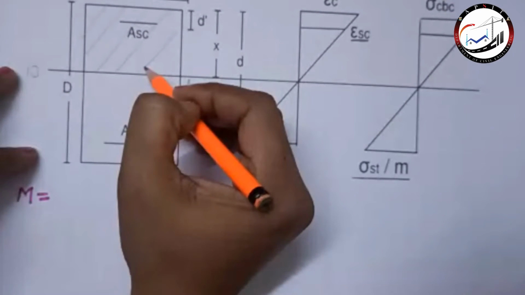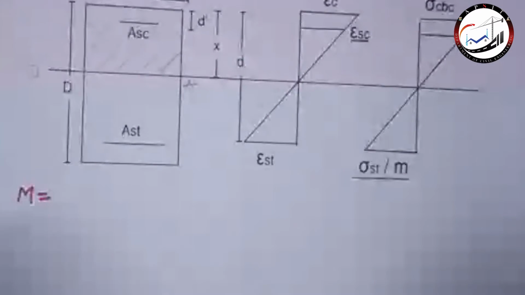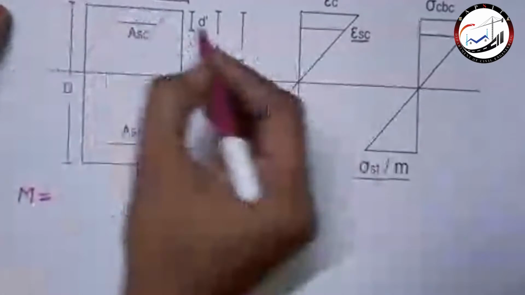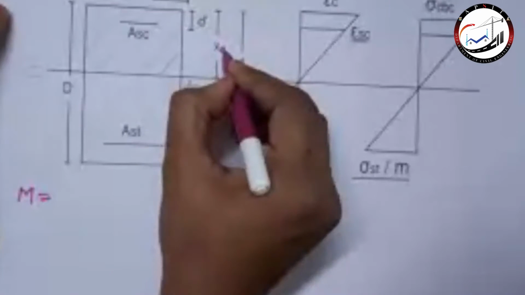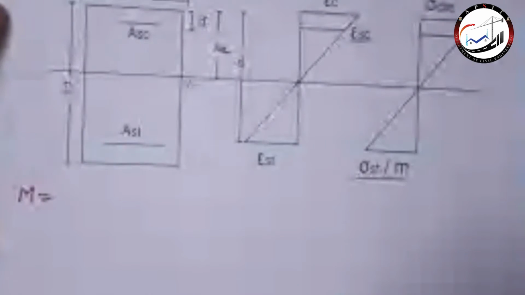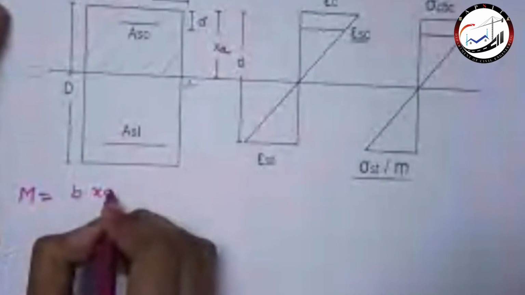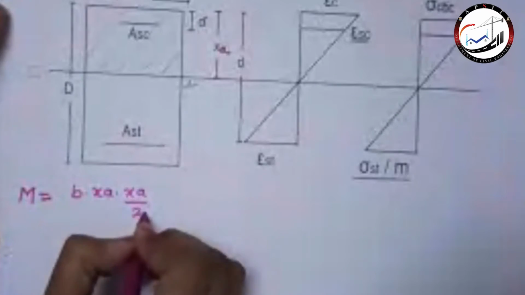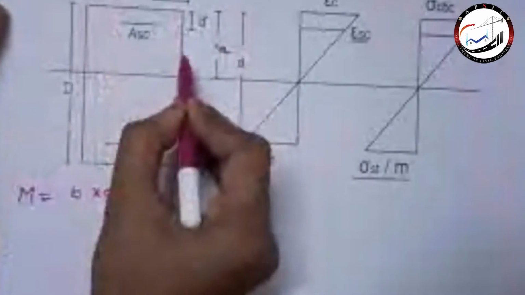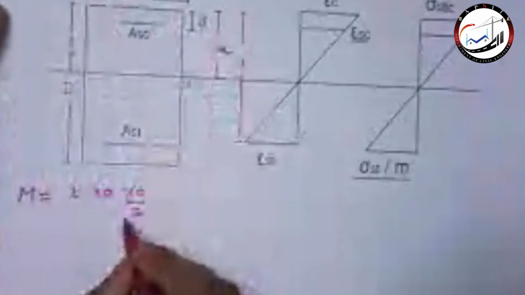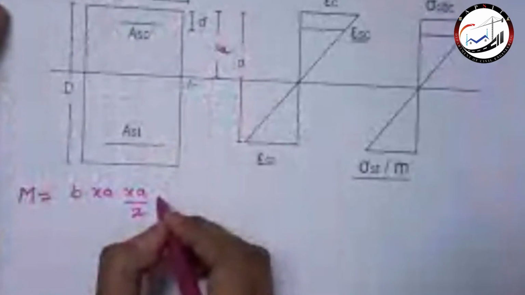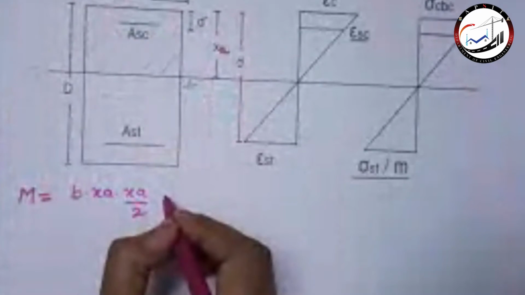First condition. So the values will be, we know, let me take this distance as XA, because we have taken it as XA. So it will be B into XA by 2, B into XA into the CG, so it is XA by 2. Now here I am making some changes.